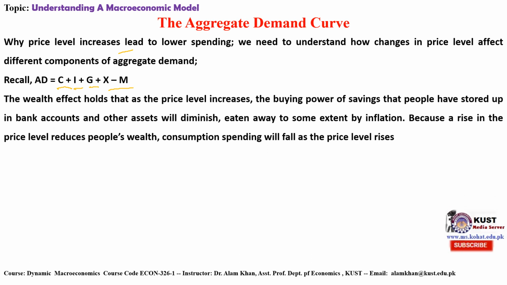The wealth effect holds that if the price level increases, the buying power of savings that people have stored up in bank accounts and other assets will diminish, eaten away to some extent by inflation. Because a rise in price level reduces people's wealth, consumption spending will fall as the price level rises.